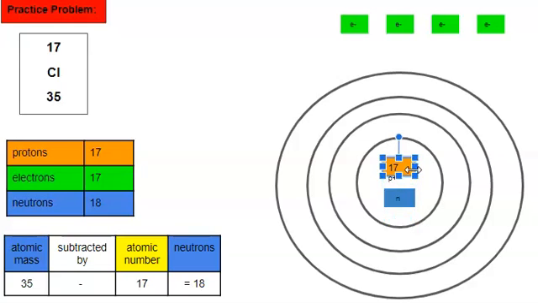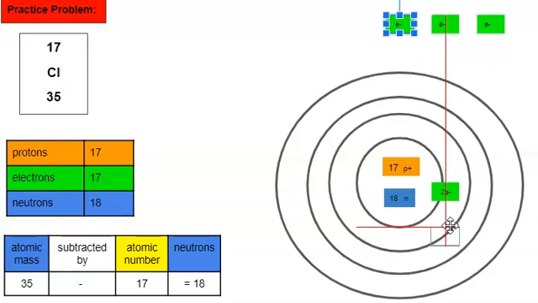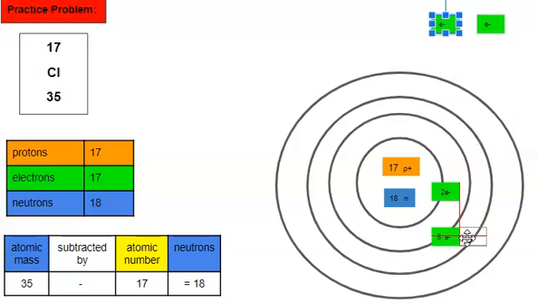And then we'll put in 18 neutrons. And we'll move our electrons down here. We have 2 electrons in the first energy level. We have 8 electrons in the second energy level. 2 plus 8 gives us 10. That leaves us with 7 left. And remember, this third energy level can hold up to 8. So it can hold 7.